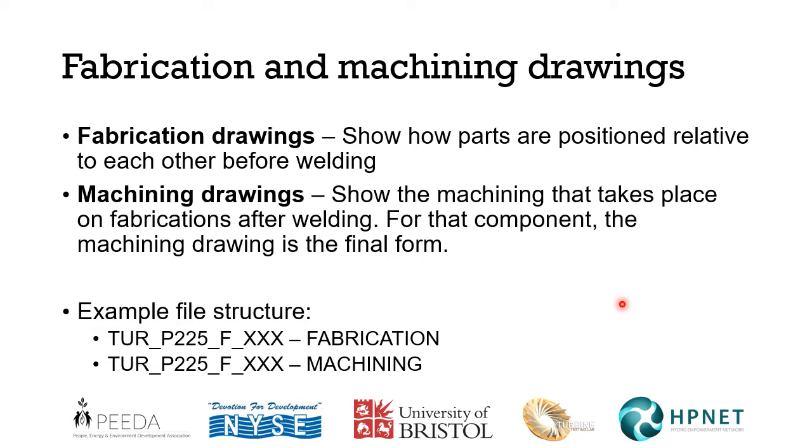So it's good practice to look at a machining drawing to get an understanding of what the final form of a component is, whilst the fabrication drawing will indicate all of the other parts that are needed in order to make the complete component.